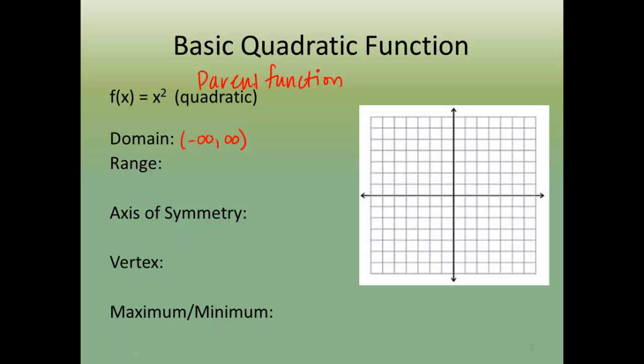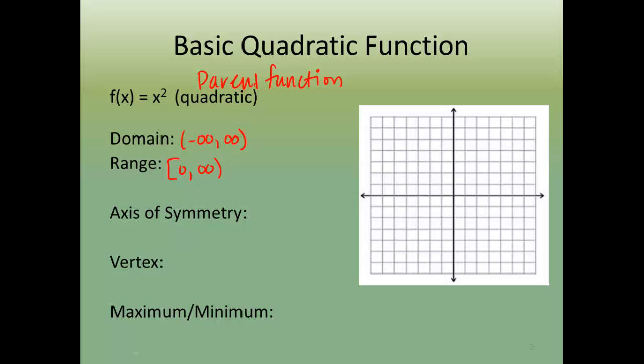Here my range, my output, is limited to numbers that are greater than or equal to 0, because anytime I square a negative number, my output is still positive. The smallest number I'll get is when I square 0. So my range on the parent function f of x equals x squared is 0 to infinity.